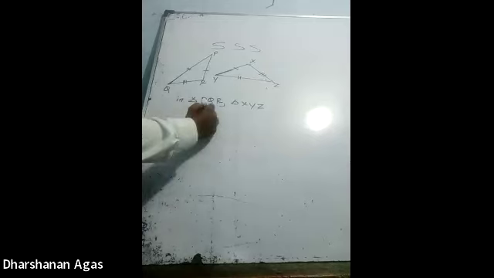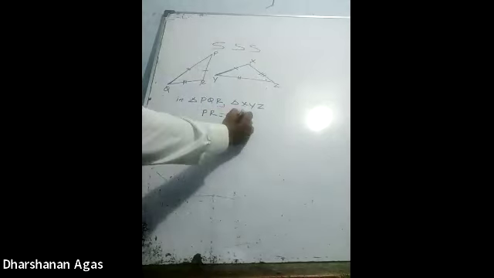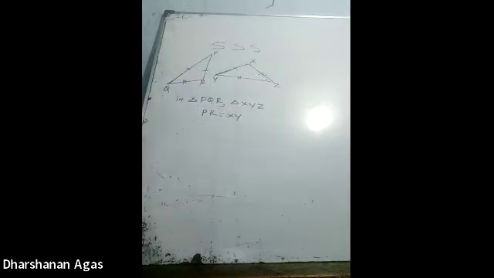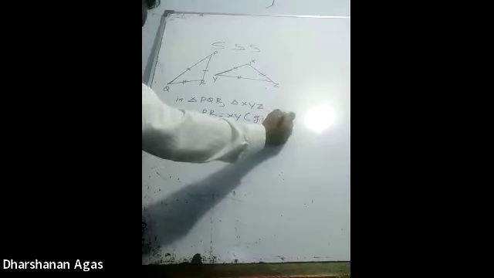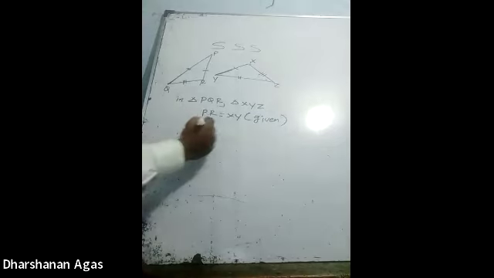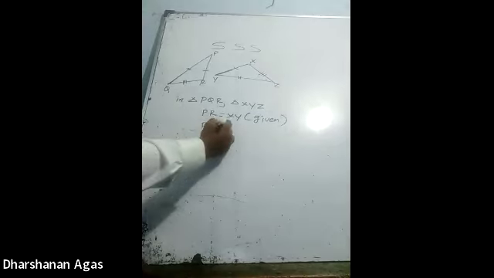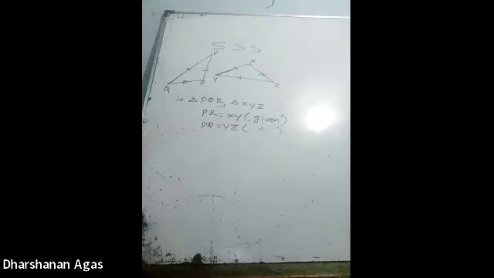PR equal to XZ, any order you can write. PQ equal to XY, that is also given.